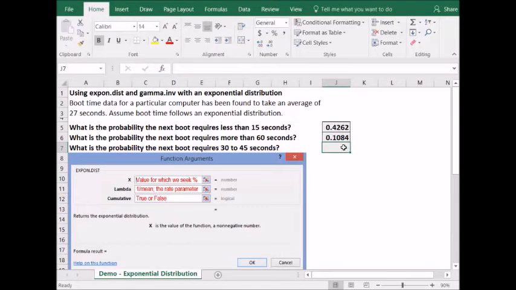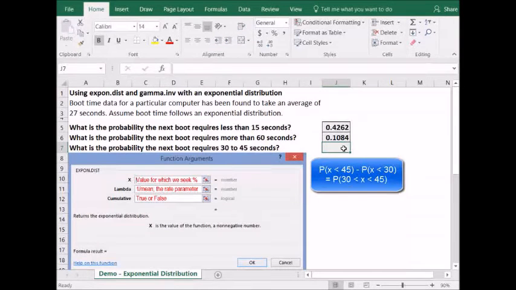How about the probability that the next boot requires 30 to 45 seconds? This requires two calculations, both of which we can do in the same cell. If we find the cumulative probability of boots taking less than 45 seconds, we can then subtract from it the probability of taking less than 30 seconds, and the remaining area under the curve is the probability of a boot requiring 30 to 45 seconds.